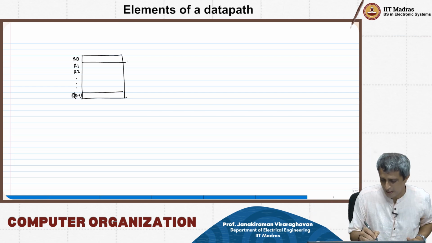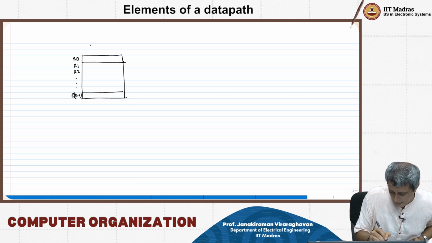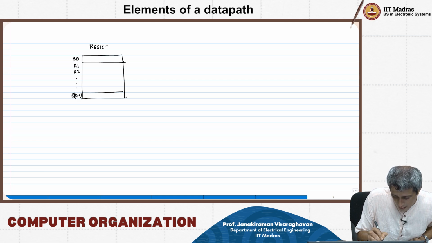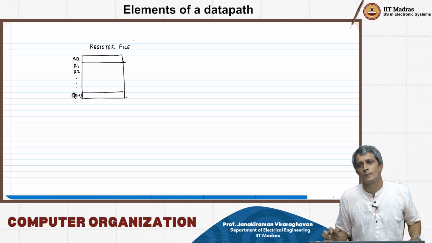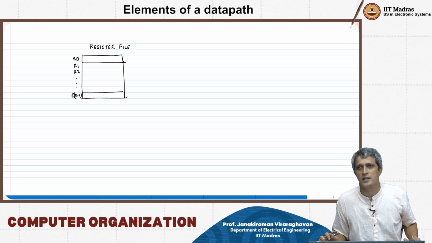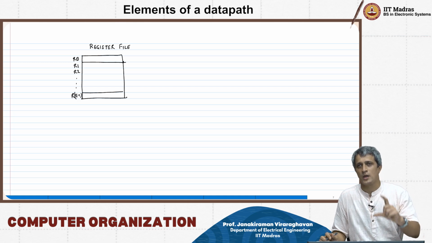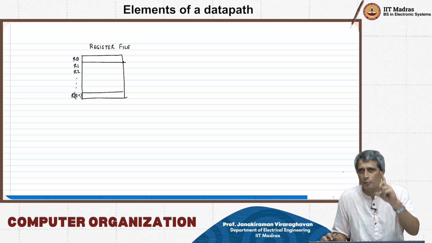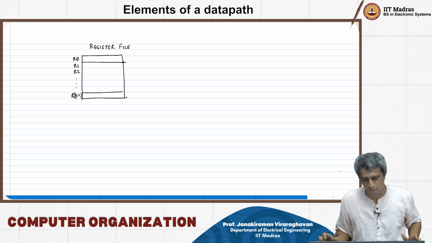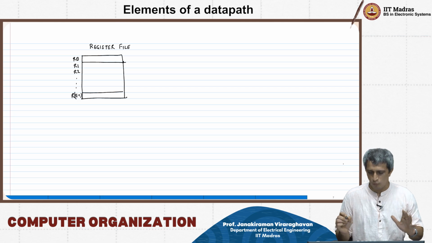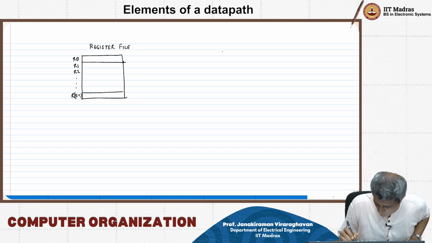So that's the basic idea that we want, and that is what leads us to the concept of the design of a register file. So this is the register file that we want to now design, and we are going to list out the properties of these register files. So what we want, our wish list.